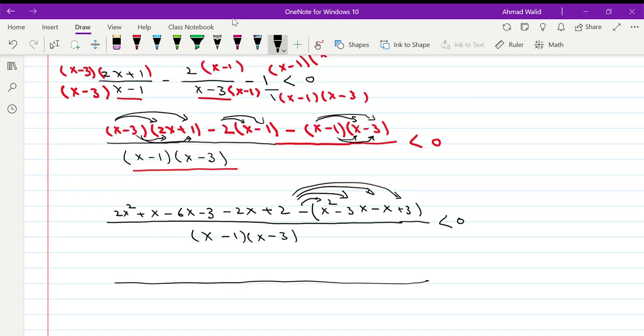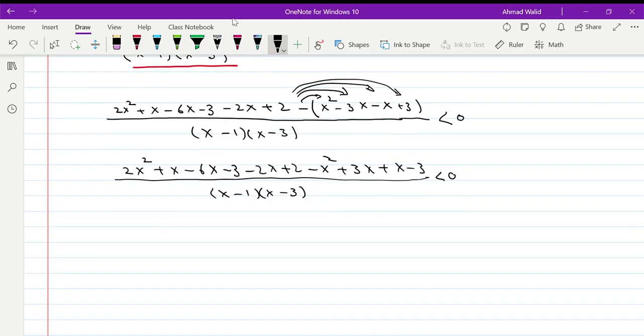I know it's a lot of writing, but we want to solve it correctly. 2x squared plus x minus 6x minus 3 minus 2x plus 2 minus x squared plus 3x plus x minus 3, all over x minus 1 times x minus 3, less than 0. Now combine like terms in the numerator.